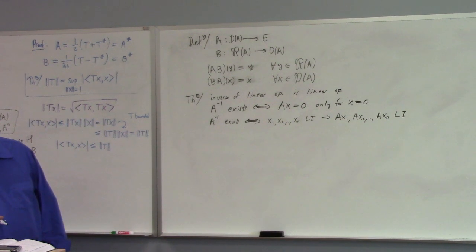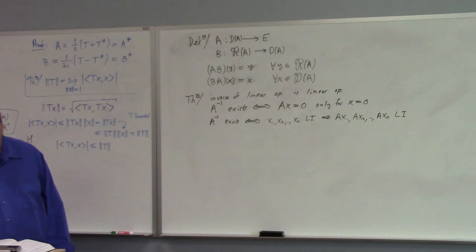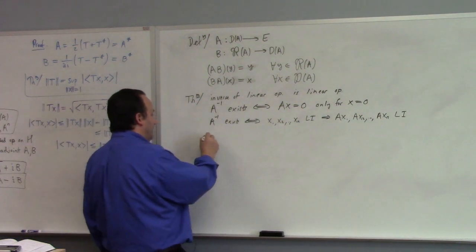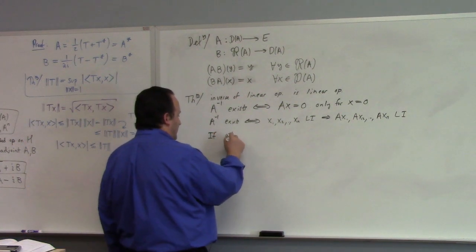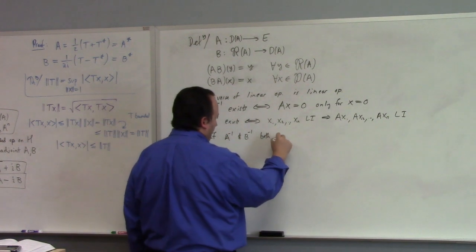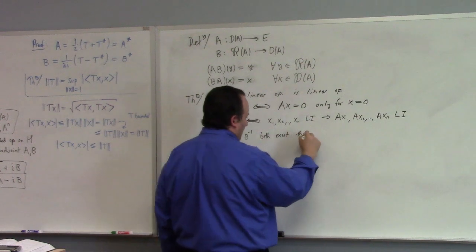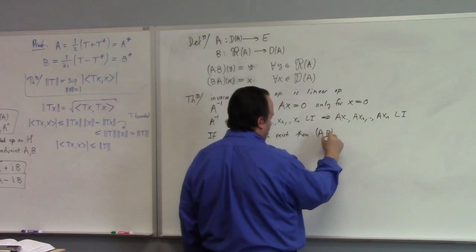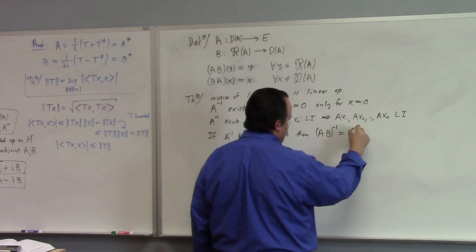And then finally, last is that if you have two invertible operators, if A inverse and B inverse both exist, then (AB) inverse exists and it's equal to B inverse A inverse.